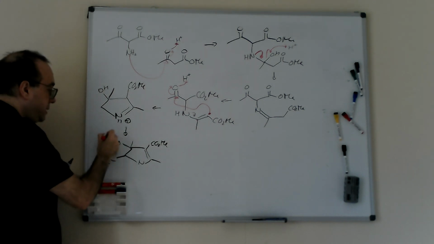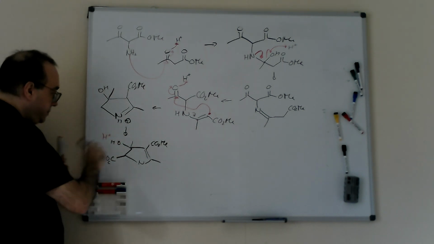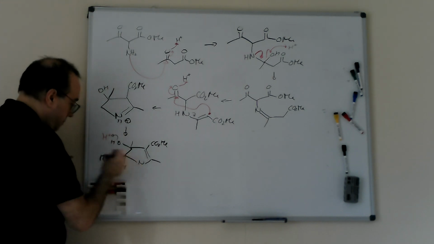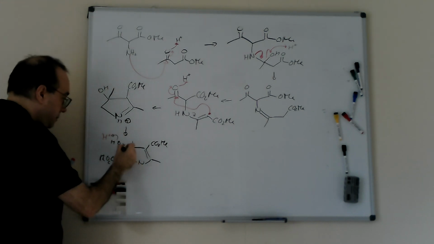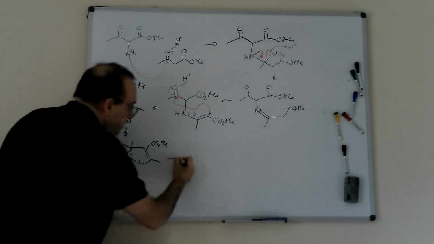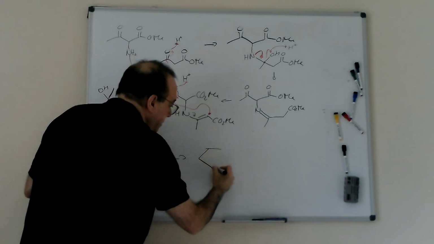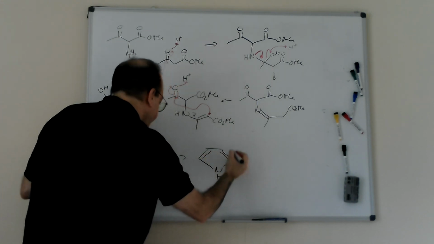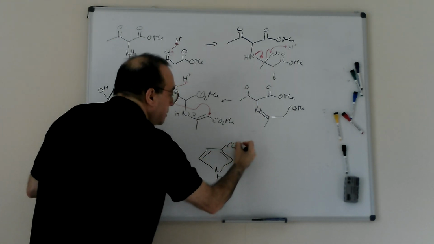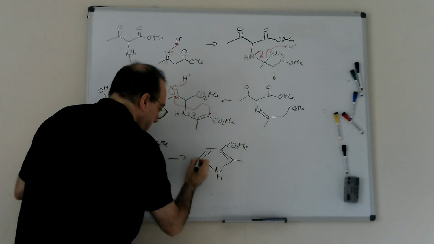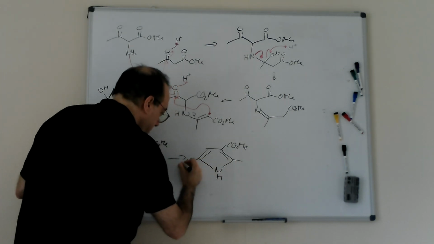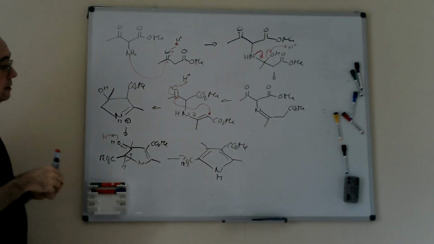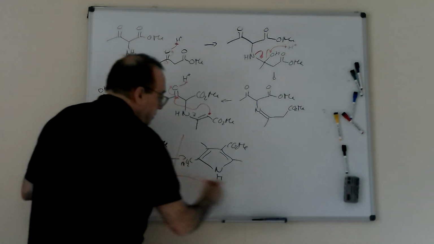Basically we protonate the OH in order to get water. Then elimination to generate the final pyrrole.